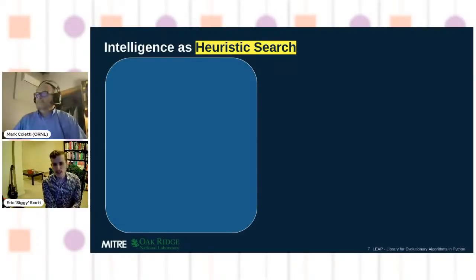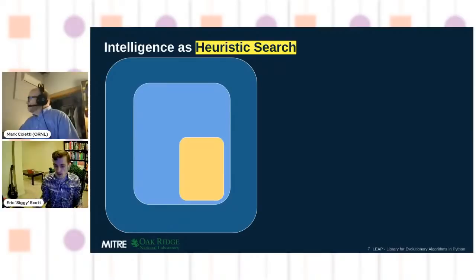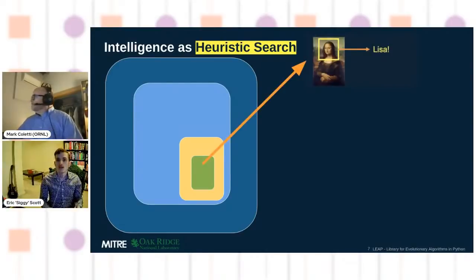The basic idea here is that when you're solving a problem, you can imagine and define a large search space of all the possible solutions to your problem, some of which will be poor quality and infeasible. And then the obvious observation is that subregions of this space will have higher quality solutions than others. Some predictive models are better at, say, detecting faces than others.